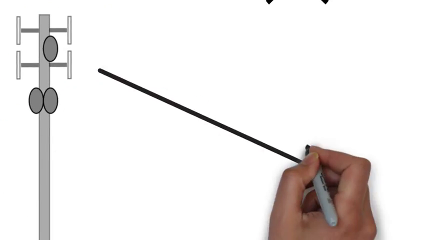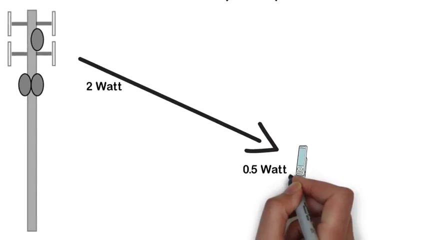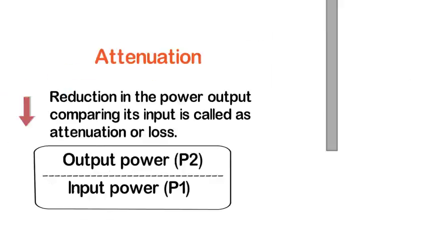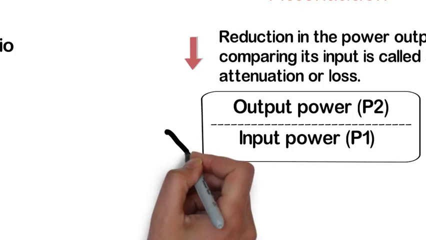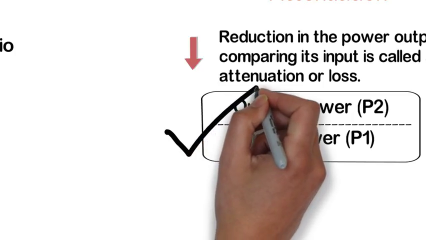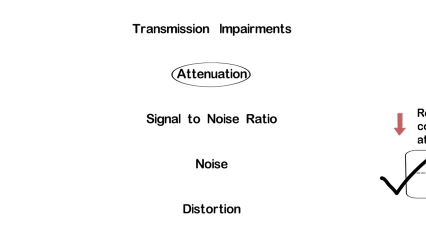Let us take an example. The antenna delivers 2 watt of power, but the MS accepts only 0.5 watt of power, which means there is a loss in the power accepted by the MS. The ratio gives you the difference between the two power levels of transmitter and receiver in terms of attenuation.